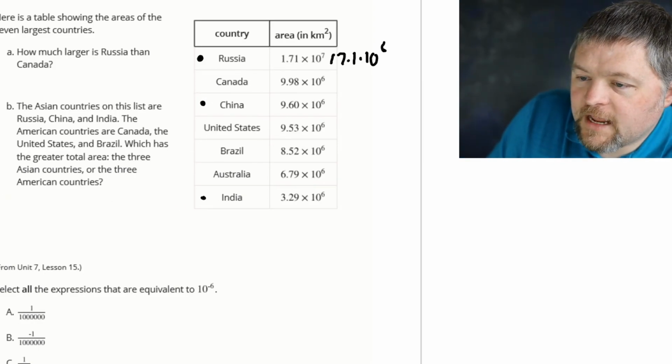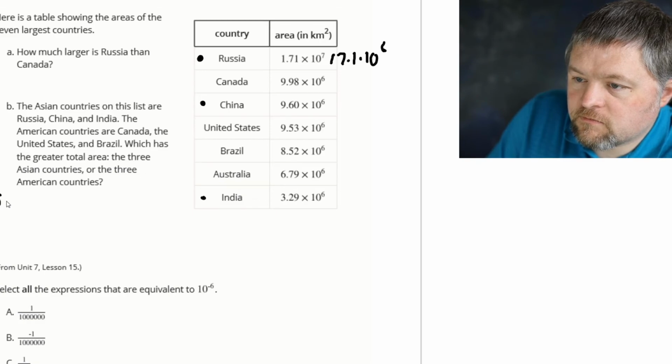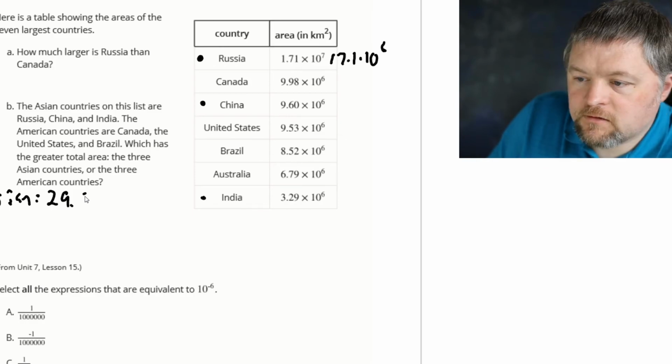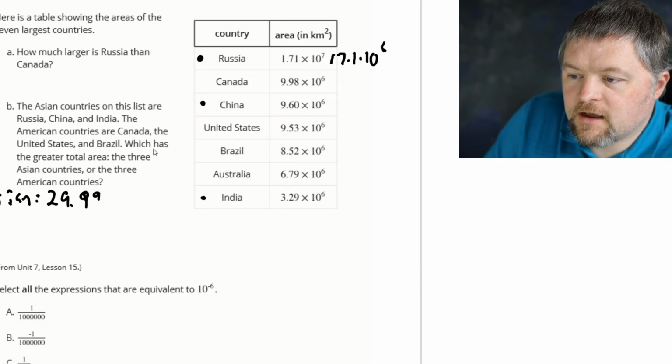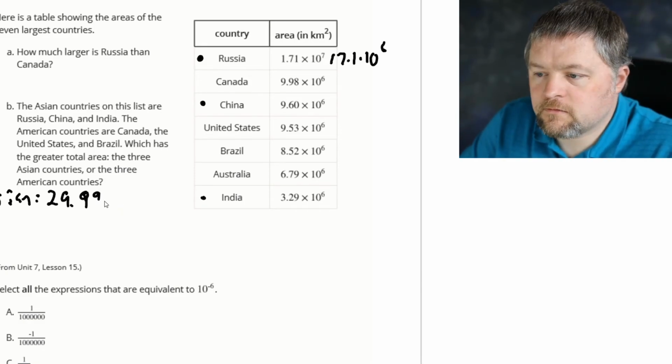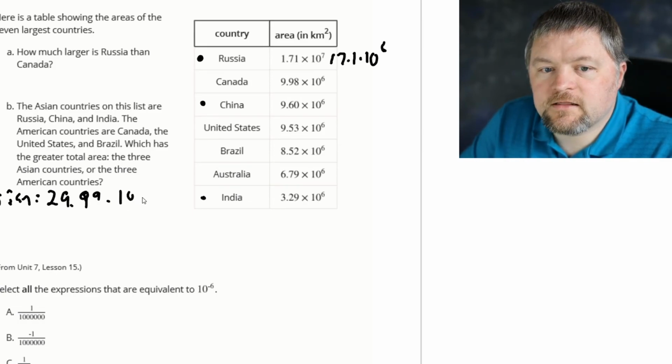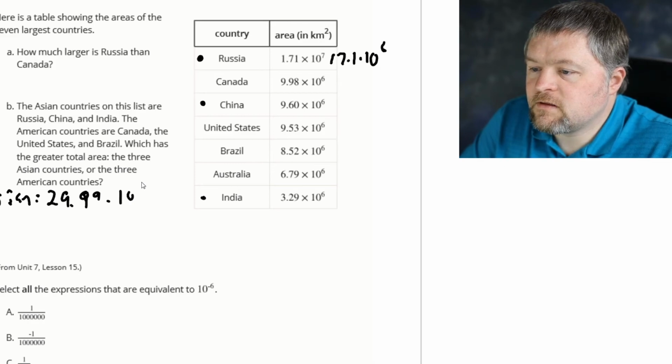So our Asian countries, 29.99 times 10 to the power of 6.